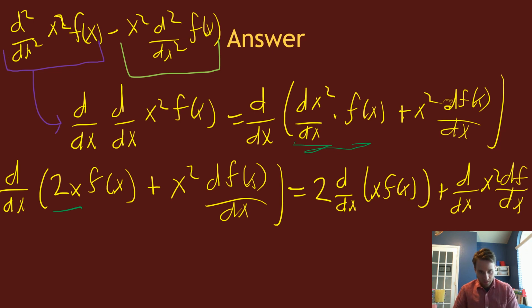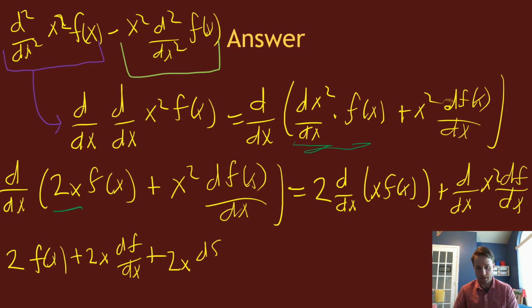Simplifying this, the first term, d dx of x f of x, simplifies down to 2 times f of x plus 2x df dx, and then the second term simplifies down to 2x df dx plus x squared d squared f dx squared.